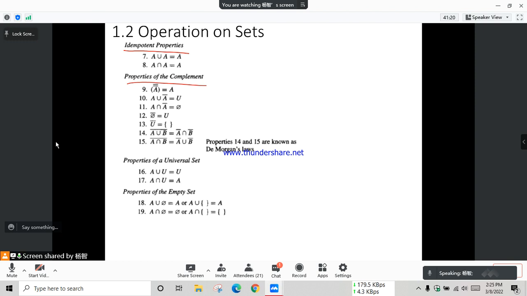And the property of universal set. The A union universal set is equal to universal set. And the intersection between A and the universal set is equal to A. And the property of the empty set. The A union empty set equal to A. And the intersection between A and the empty set is equal to empty set.